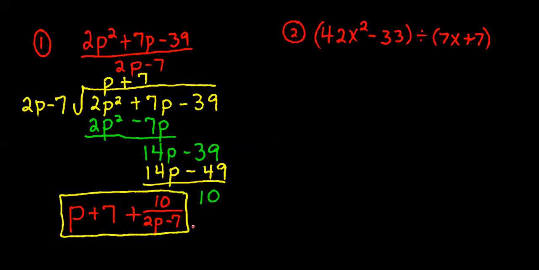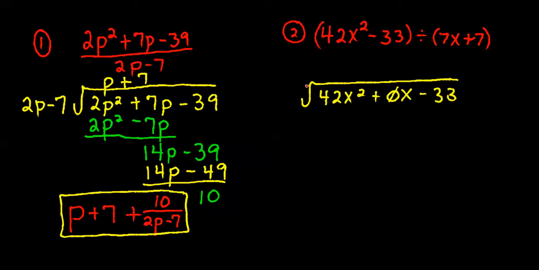And we will try the next one. I'm going to start it the same way. I'm going to write my division bar. In the 42x squared, I've got a missing term with an x. So I'm going to write 42x squared, but then I'm going to write plus 0x, since I don't have any terms with an x in it, and then minus 33. Then I'll write my divisor over here, 7x plus 7.